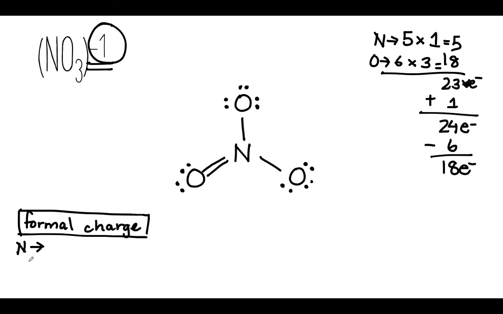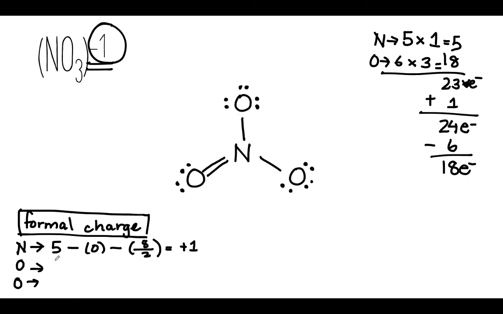So I have to check the formal charge for both types of oxygens. Let's check it for the nitrogen first. It starts off with 5 valence electrons. It has no lone pairs, and 1, 2, 3, 4, 5, 6, 7, 8 electrons bonded divided by 2. So 5 minus 4 will give me a charge of +1.